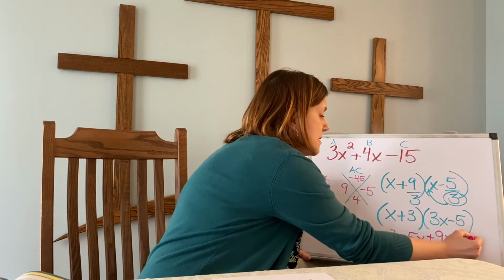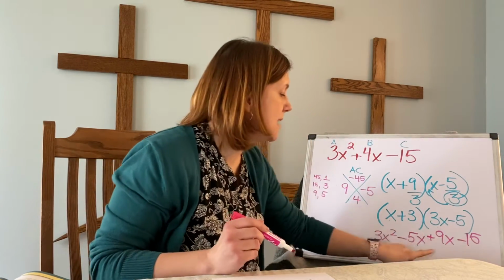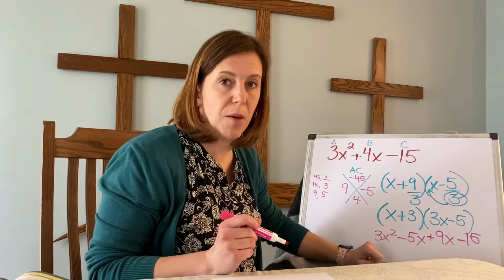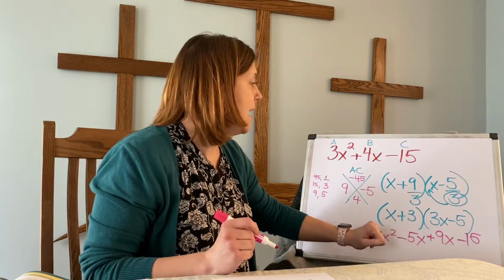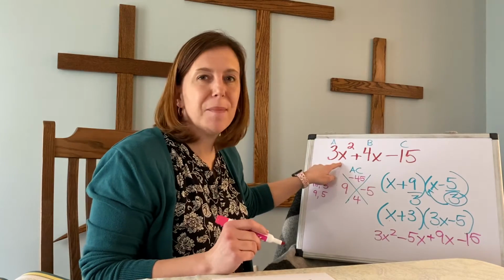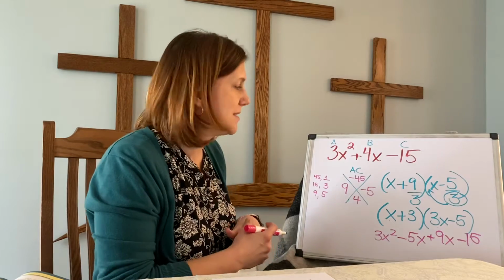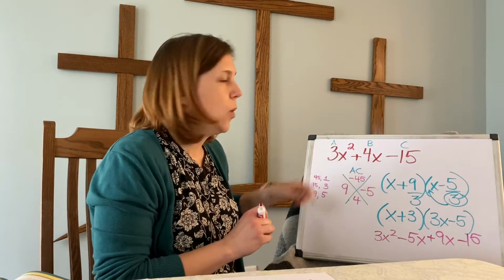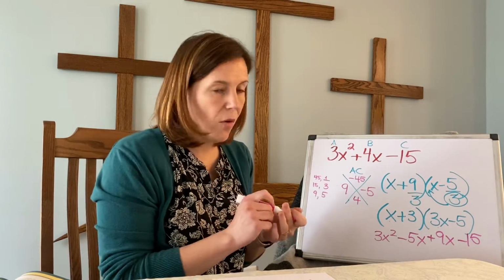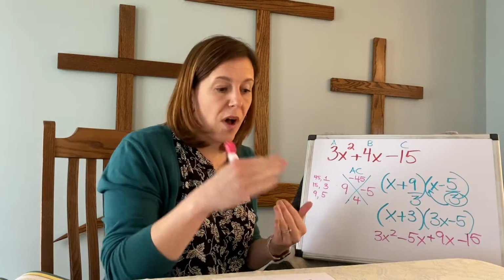And my last, negative 15. First, outside, inside, last. I see that these two are common terms because they have the same variable and power. So I would add them, and then I can see that what I'm ending up with during my check process is what I started with in the first place. So this is the correct factored form of my quadratic here. Okay. I hope that you went through and wrote down steps 1 through 7.